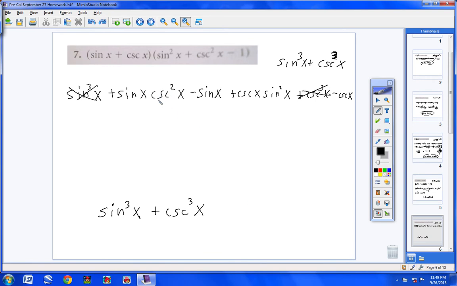Probably the best thing to do is to start making some inverse substitutions, see what we come up with. For example, sine x over 1 times 1 over sine squared x. Remember, if you have a cosecant, cosecant is the same thing as 1 over sine. Well, think about it. If you have cosecant squared, that's the same thing as 1 over sine squared.